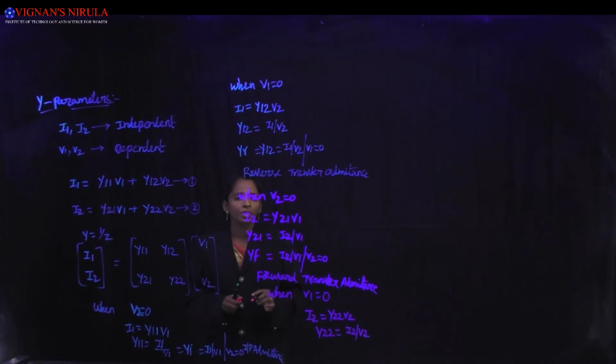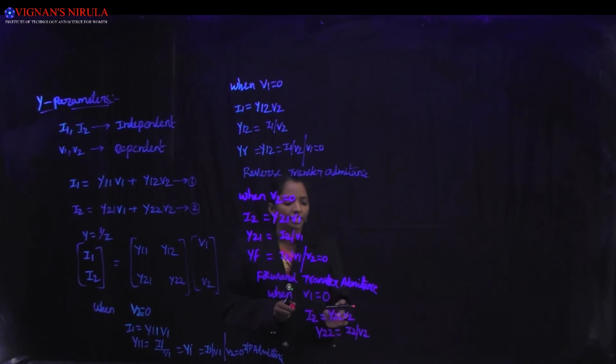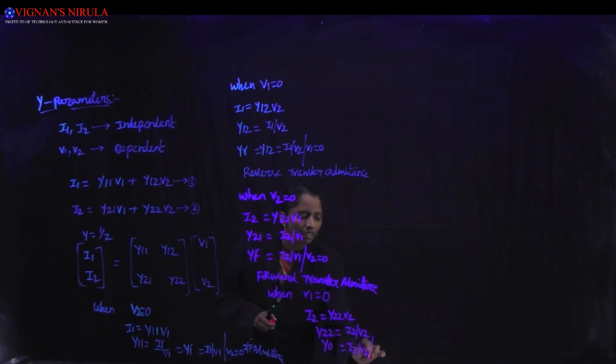So Y22 is called output admittance. I2 by V2 means admittance at the output port. That's why we are writing YO. Y22 we can write as YO equal to I2 divided by V2 at V1 equal to 0. So it is called output admittance.